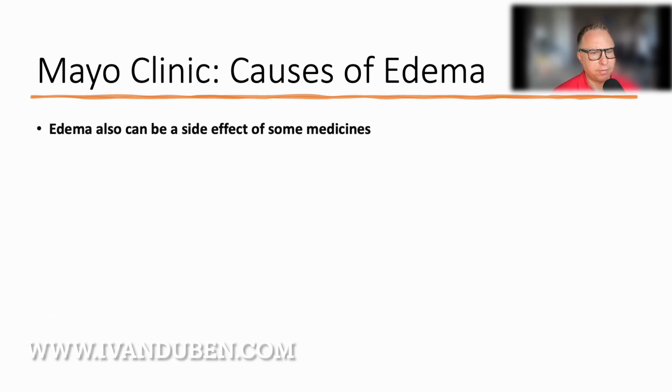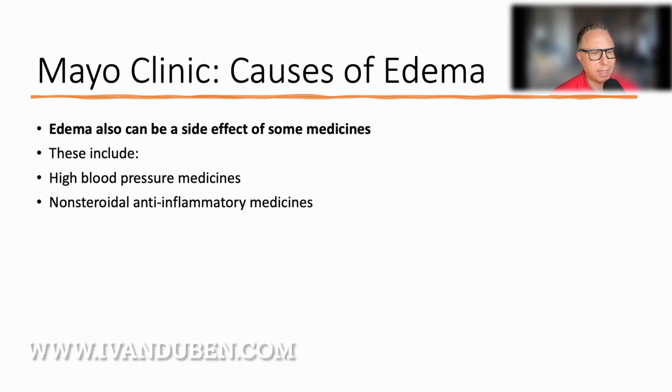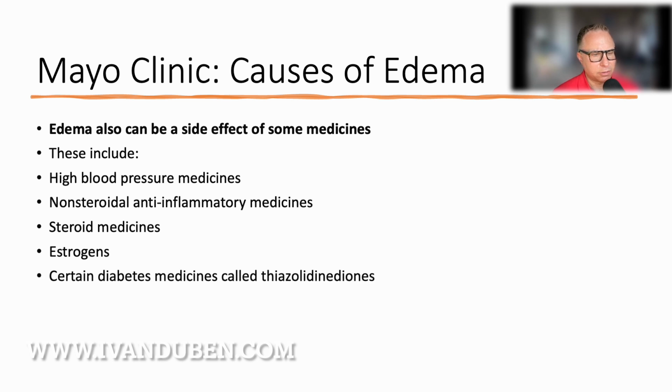Edema can be a side effect of some medicines. These would include high blood pressure medicines, non-steroidal anti-inflammatory medicines, steroid medicines, estrogens, certain diabetic medicines, and medicines used to treat nerve pain.